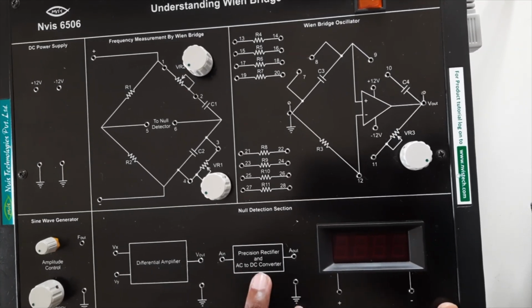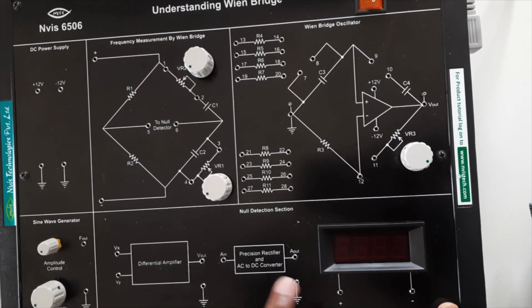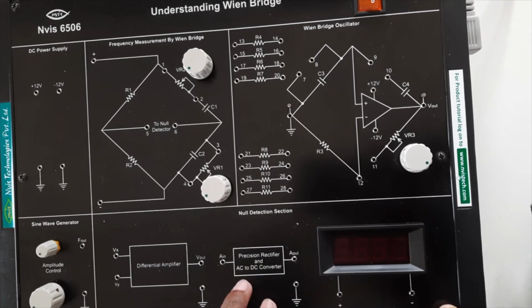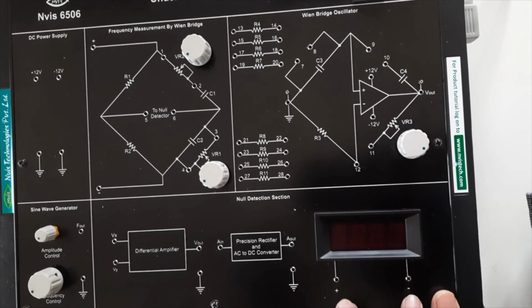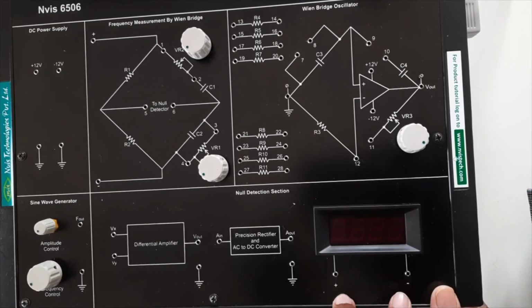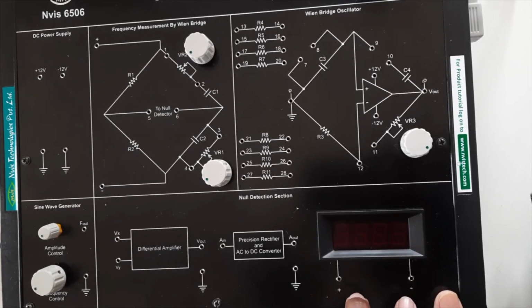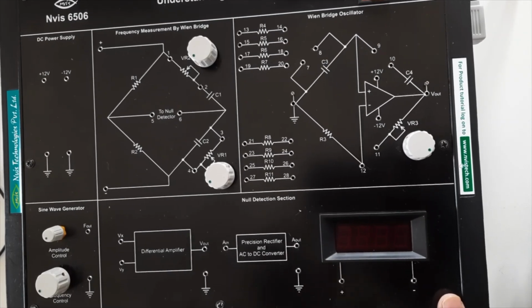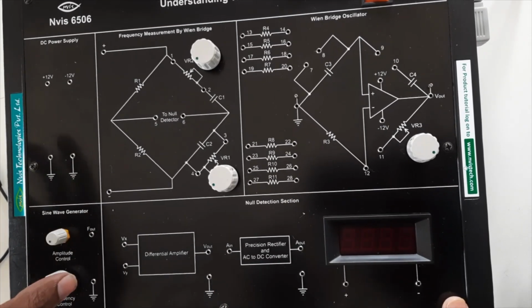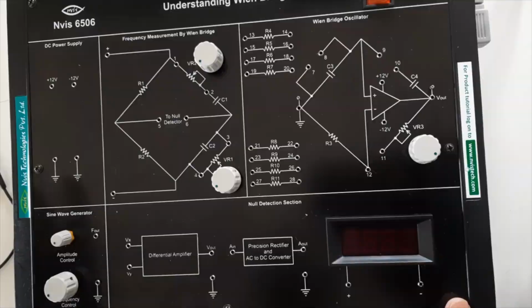So that's why we are using the AC to DC converter, and then the output of this AC to DC converter will be connected to the plus and minus terminals of the 7 segment display, and internally it has an analog to digital converter, so it will convert into digital and then it will operate. Okay, so this is about the Wien bridge setup.